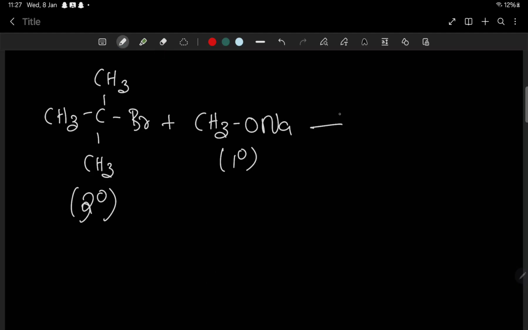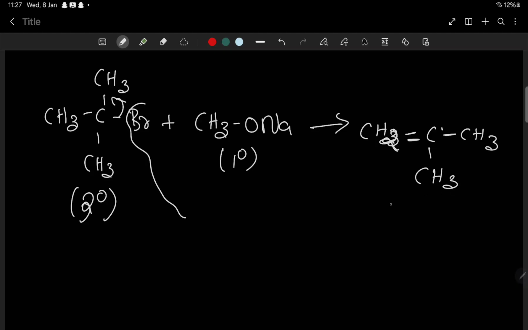Therefore, this reaction proceeds through another path. A product will be formed, but the product is very different. This Br will be removed, and a dehydrohalogenation reaction happens. One product is an alkene, and the next product will be NaBr. This Na will be leaving with this Br.